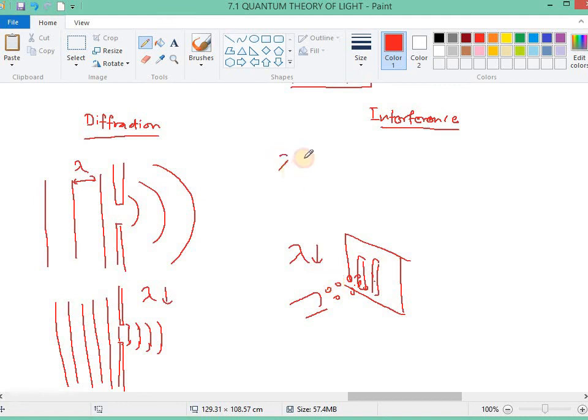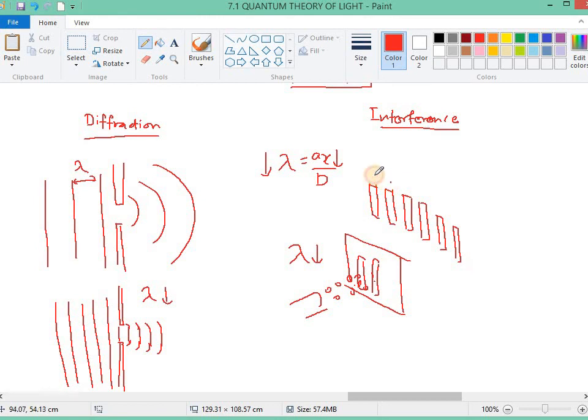From the equation lambda equals ax over d, if the wavelength is small, that means this value of x will also be very small. So what happens when the value of x is very small?